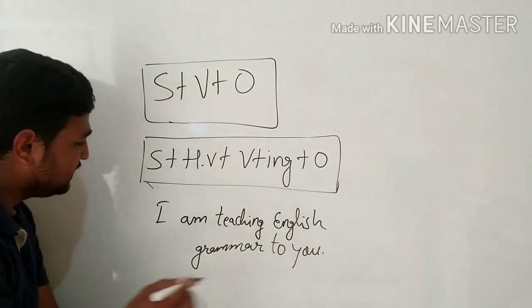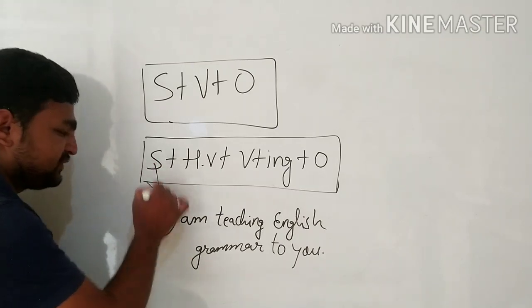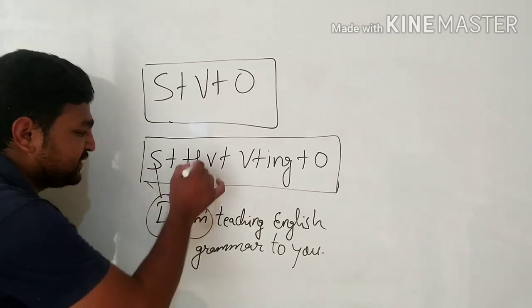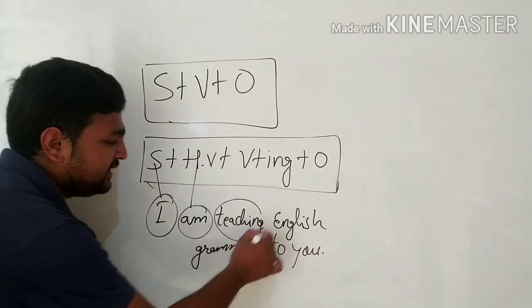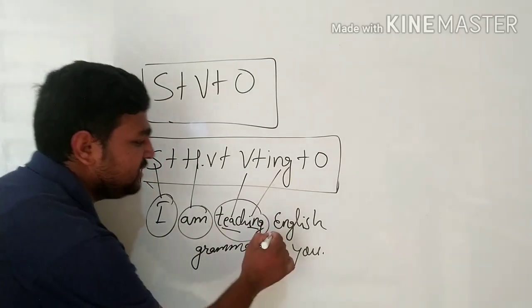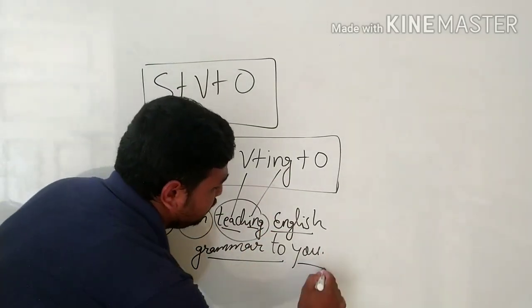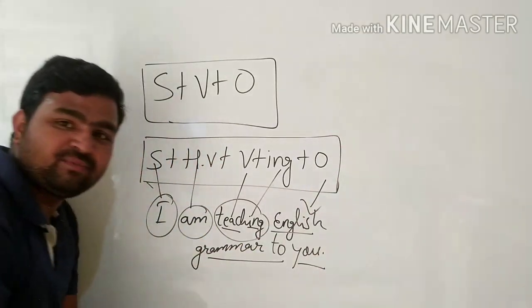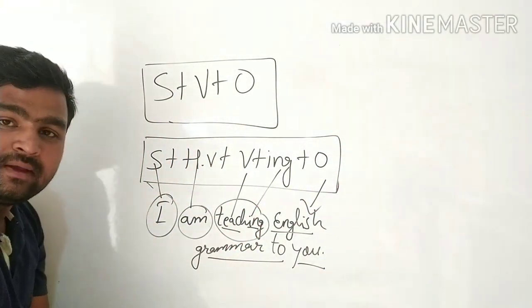Yes, let's identify the things. I is the subject, am is a helping verb, teach and ing is the main verb with ing. Then English grammar to you is the object, right? This is the form.